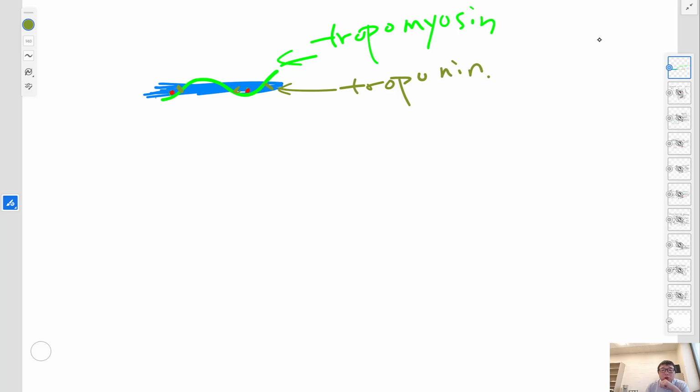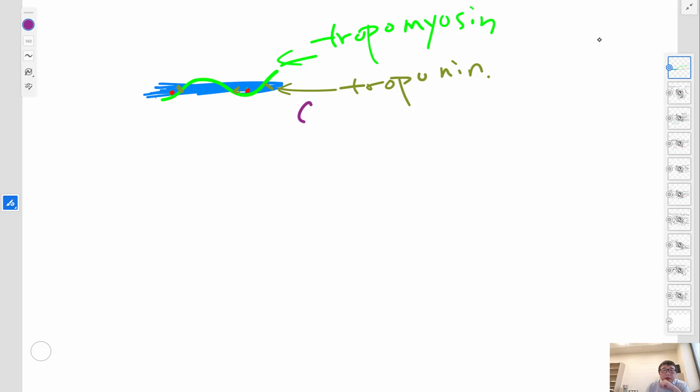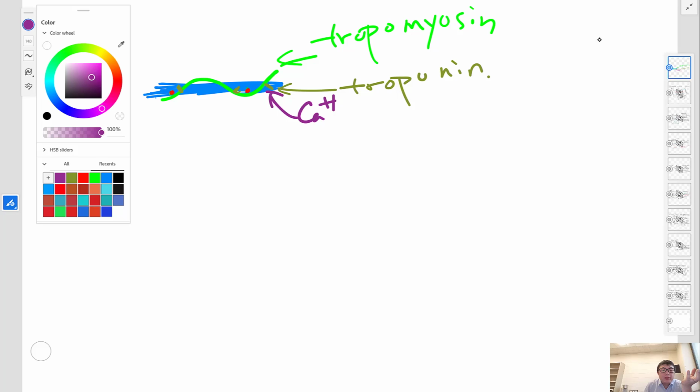And then the troponin is regulated further by calcium. Calcium can bind the troponin, and when it binds, the troponin has a conformational change, so it removes the tropomyosin away from the actin binding site.